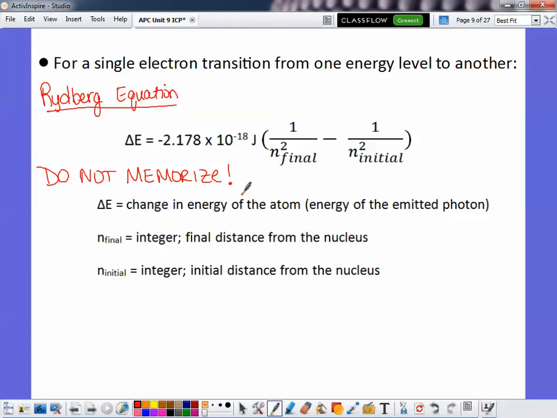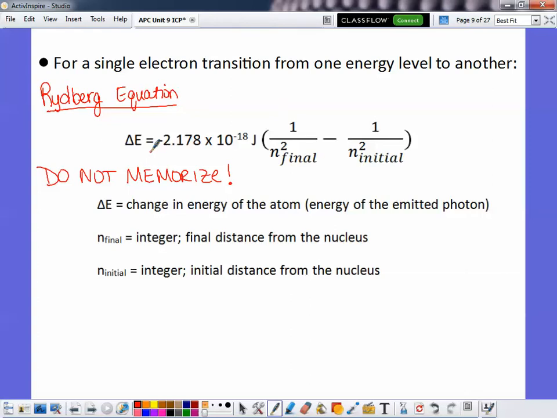So remember, mathematically, and you'll see this in your homework and in the next problem we do, when you're increasing energy levels, going from energy level 1 to say 5, this whole delta E ends up being positive. That makes sense because you're absorbing energy.